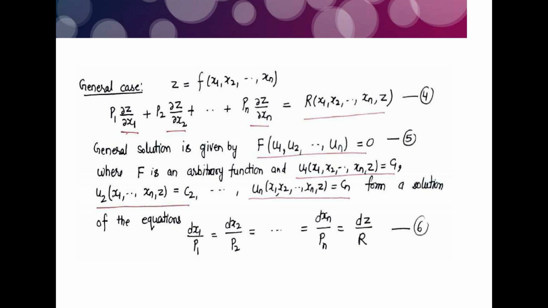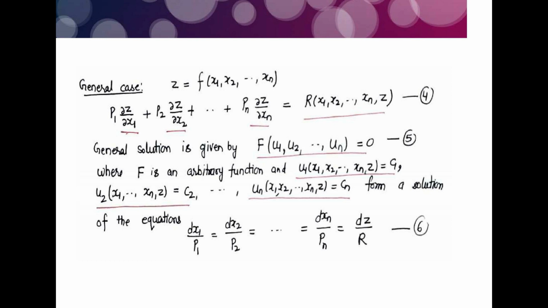Then the general solution of partial differential equation 4 is given by capital F of u1, u2, up to un equal to 0. That is equation number 5. Capital F is an arbitrary function, and u1, u2, un are functions of the xi's and z and form a solution of the equations given by 6.